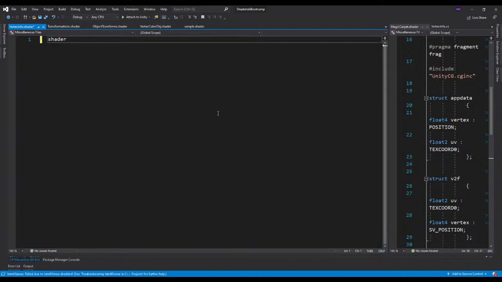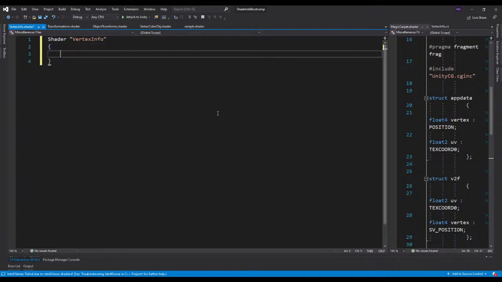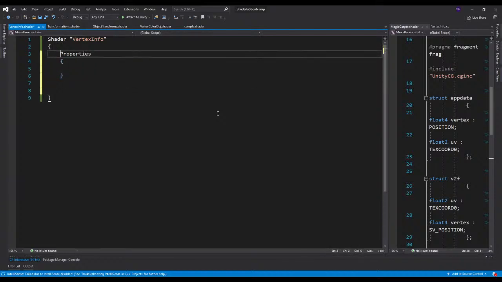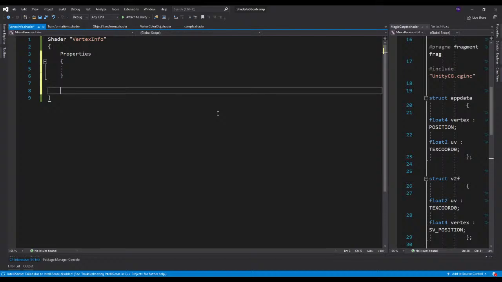So as we know that to create a shader, we need a shader command which has a shader name, which is vertex info in our program, right? We are writing a vertex information shader, and it consists of some properties. We can eliminate this, or we can remove this from the previous session. You must have seen how to create a very basic shader.